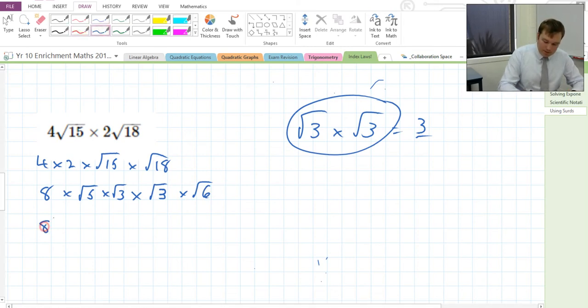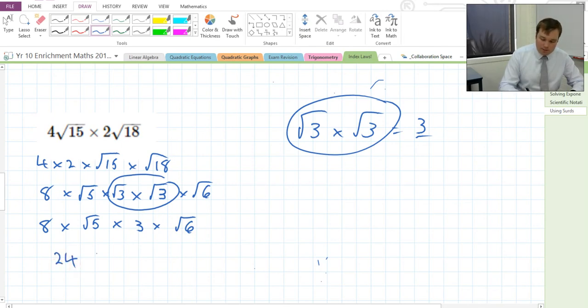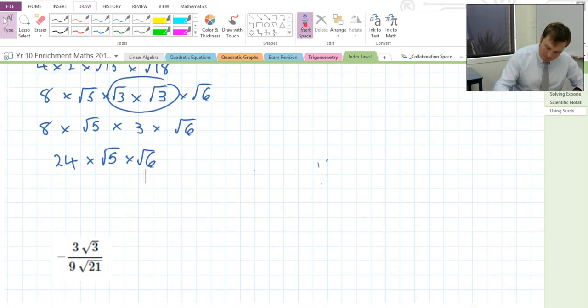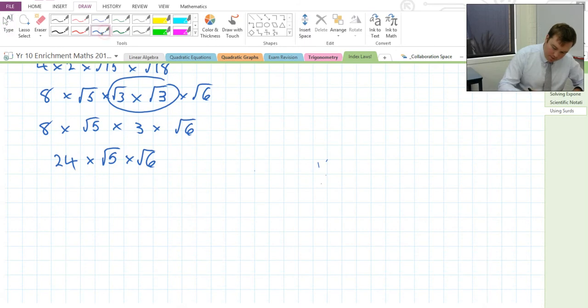So this then becomes 8 times, now this root 3 times root 3 becomes 3. And we'll just fill in the blanks between it. Alright, now 3 times 8 is 24, so you can collect the normal ones. That's times by root 5 times root 6. Now root 5 times root 6 is root 30. 24 times root 30.